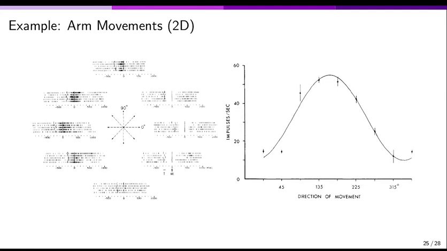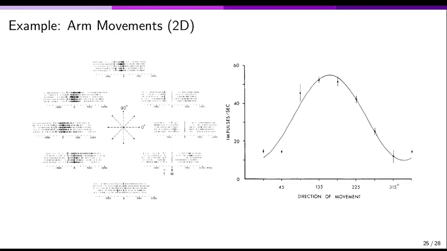This was a bunch of experiments where you would have a monkey staring at a screen, and dots would appear on the screen at different locations, and the monkey had to move a joystick towards the location of the dot. In some variations, the monkey has to remember the location and then move the joystick. In some variations, they just have to move the joystick. But in any case, you're recording from different parts of the brain and trying to see how that represents the information about where I want to move to or what direction to move in.